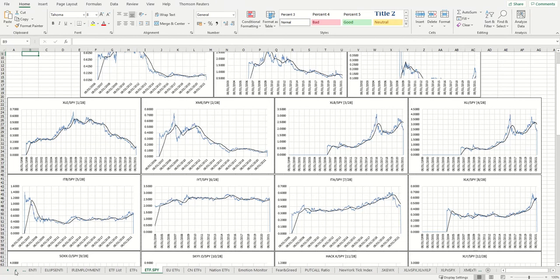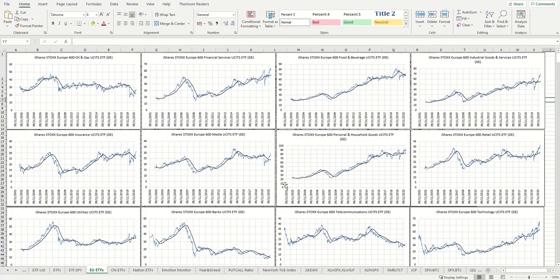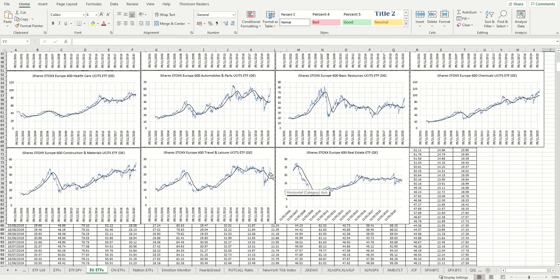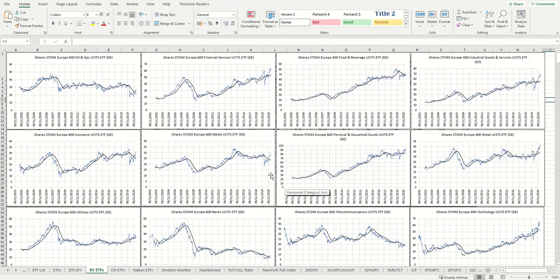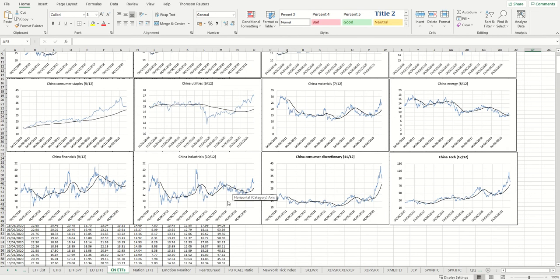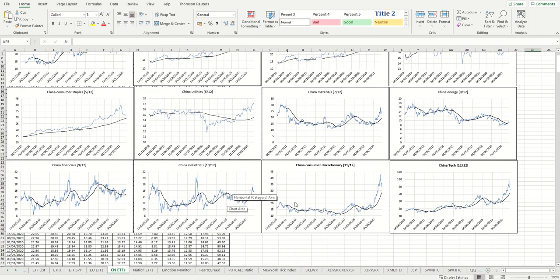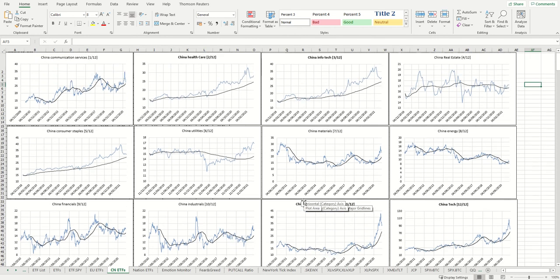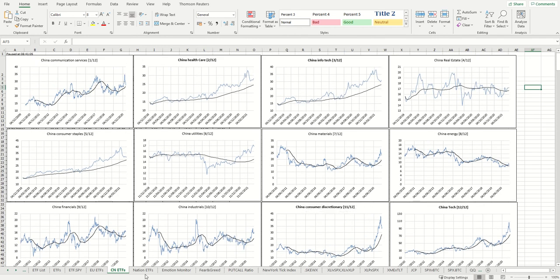Okay, moving on. European ETFs, I know the United States is the best stock market in the world, but that doesn't mean there aren't great stocks in Europe, so they're always worth a look. That's all there. And then the China ETFs, again, you can't ignore China, it's just too massive. But you can see which sectors are doing really well in the United States, China and Europe.